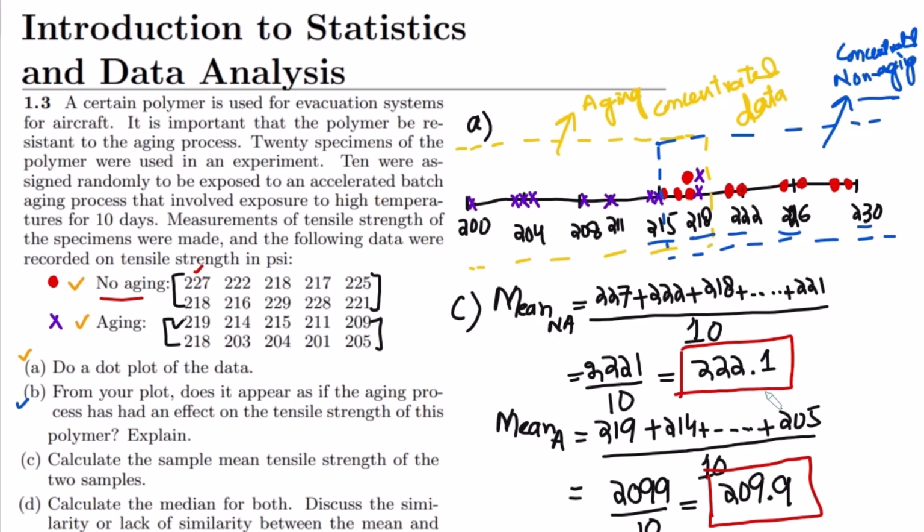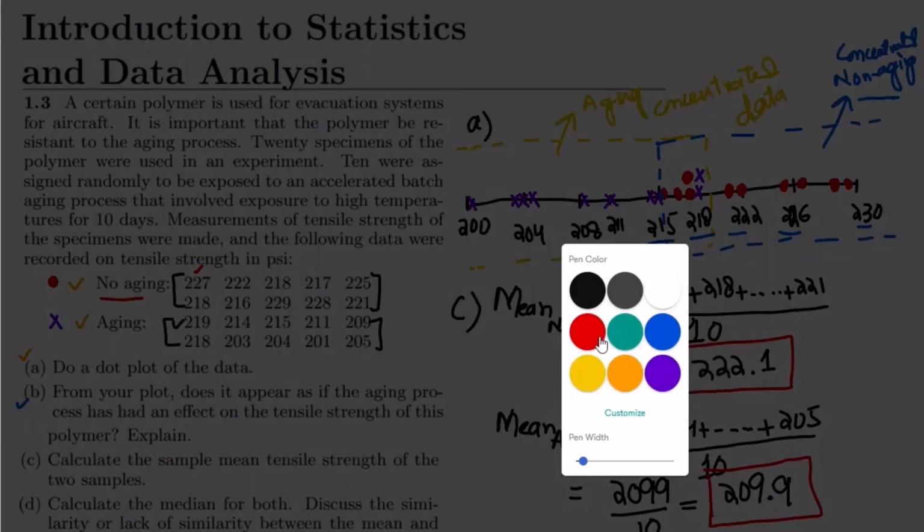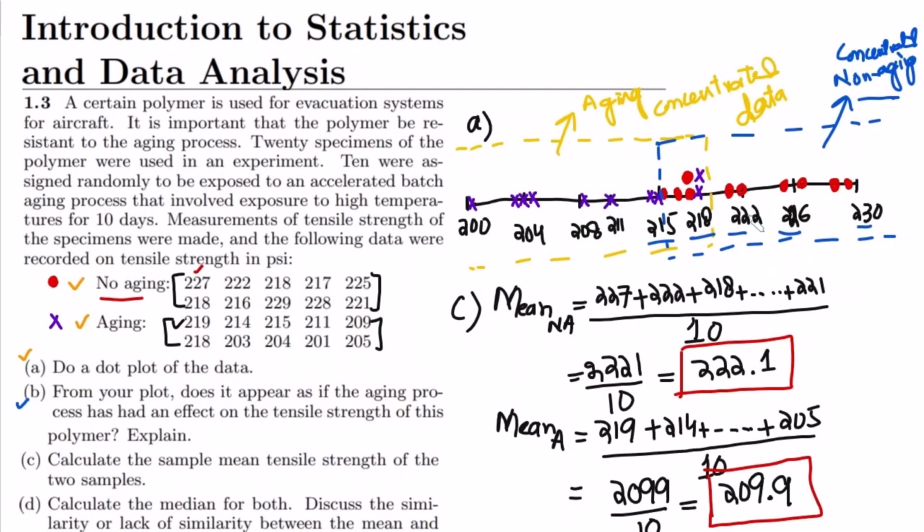So we have these two mean values for our data, and we can see that there is a huge difference between them. If we plot it, the mean value for the no aging process lies almost here, while the mean of the aging data lies almost here.